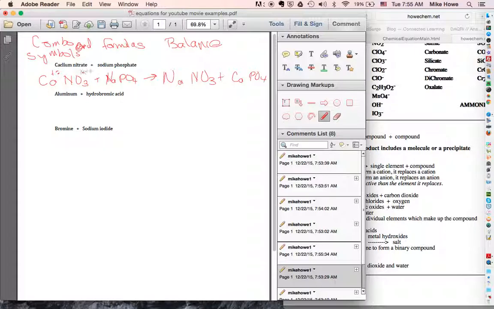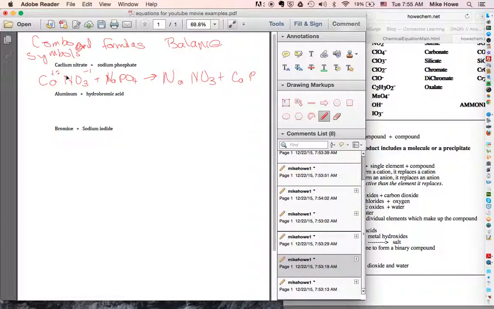So if that's 2 and that's 1, you put a parentheses around the nitrate. Like this. Then sodium is +1. Phosphate is -3.